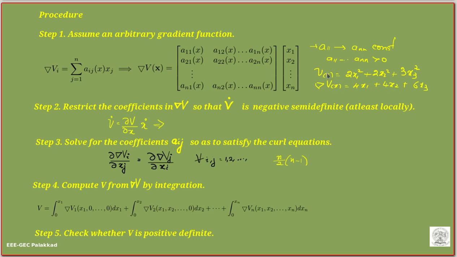If you look at these two relations, we can see that the coefficients of x1 should be positive for V of x to be positive definite. So we will also keep a11 to ann positive, so that once we go through all this procedure and come back to V of x, we may get a positive definite function. Okay, so this is one thing that we will be doing here.